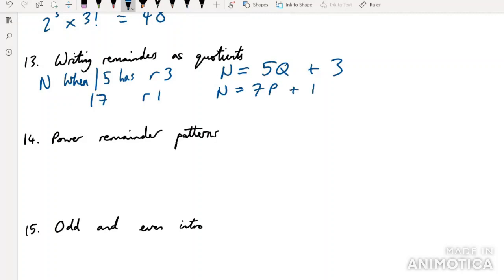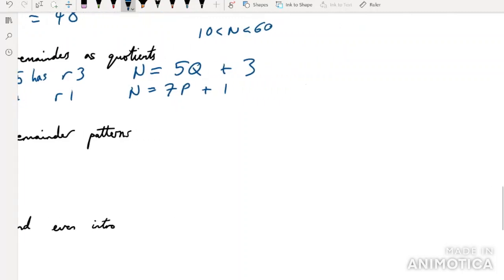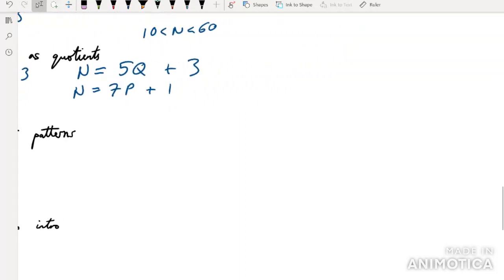And then usually in the GMAT, if we know n is, let's say, between 10 and 60, I don't know if this will work out, let's just see if it does, then usually it's just a set of cases to run through.